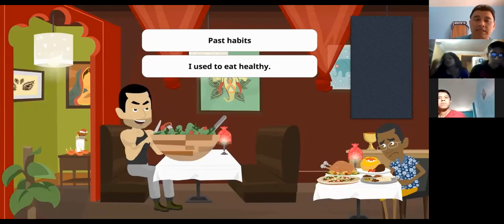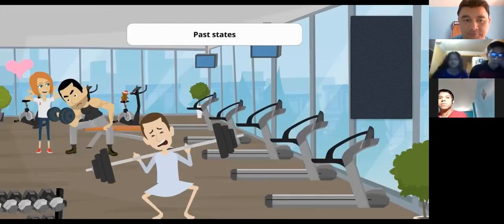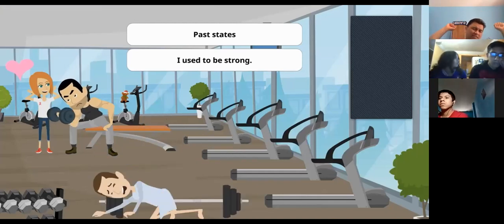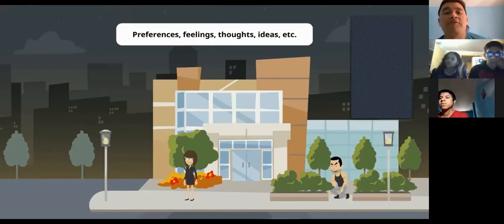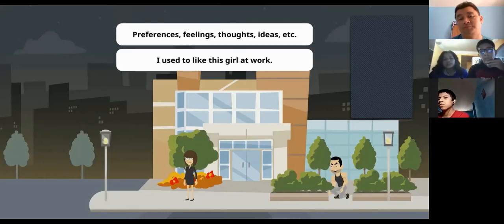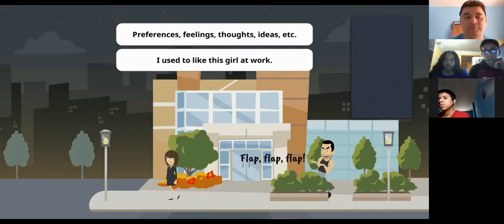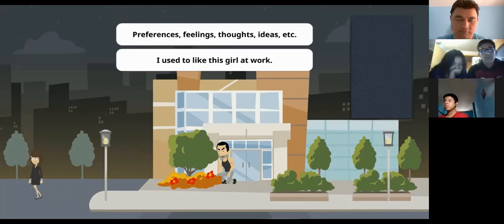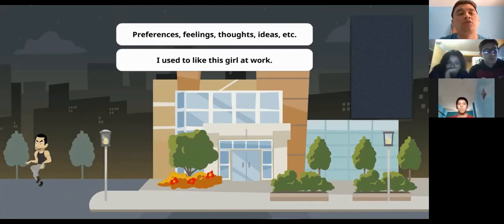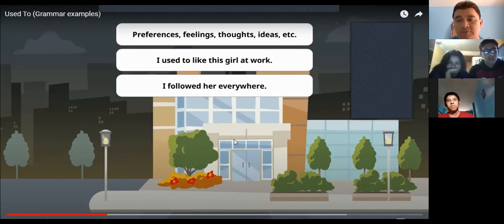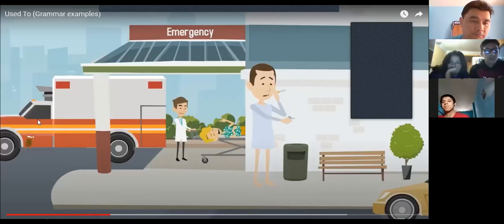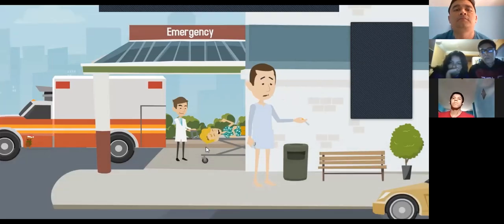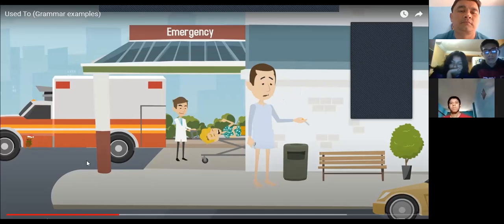Used to eat healthy. Used to be strong in the past. Of preferences. I used to like the girl. We use the negative didn't use to talk about things that are true now but weren't true before.